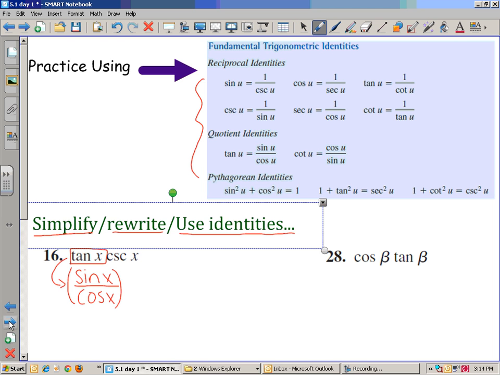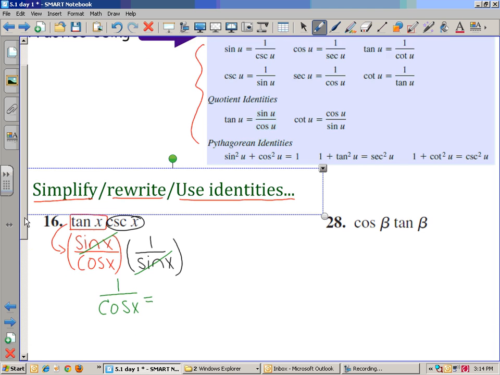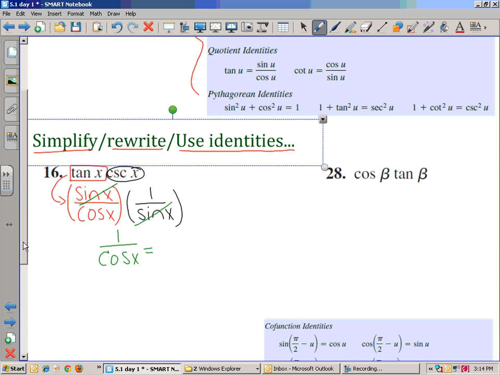And I'm going to come over here and take cosecant, and remember that cosecant is really just 1 over the sine of x. And then you see something pretty, and so you get 1 over the cosine of x, which we can simplify to be, go ahead, say it, secant x.